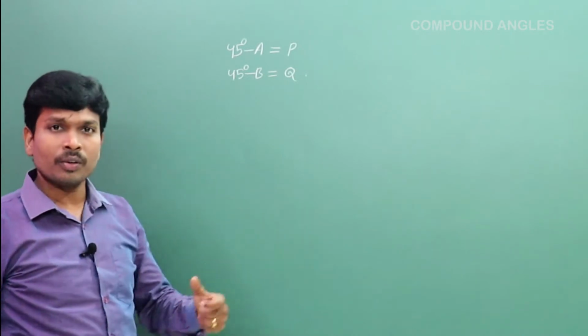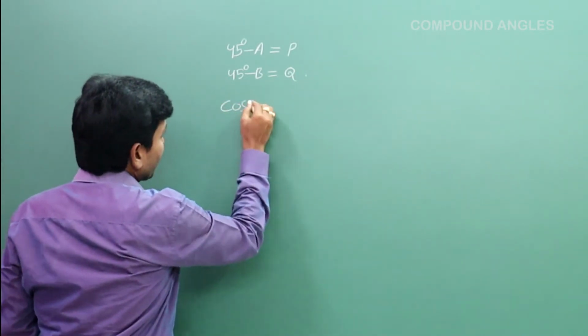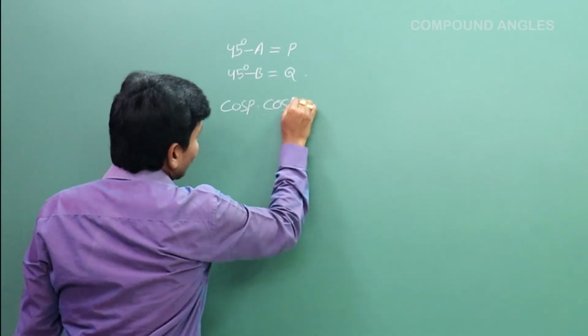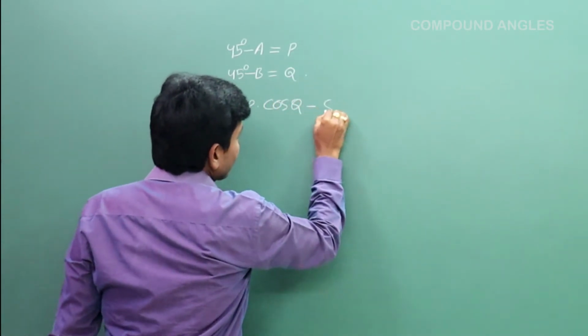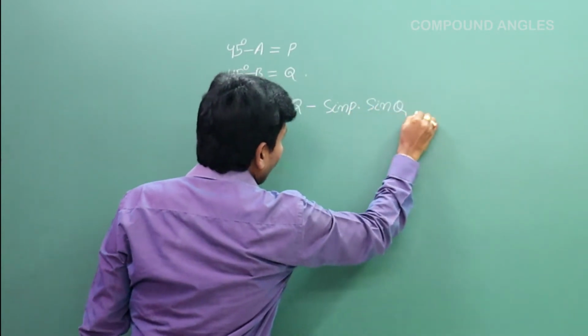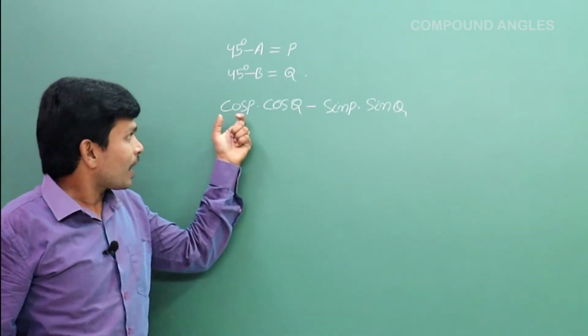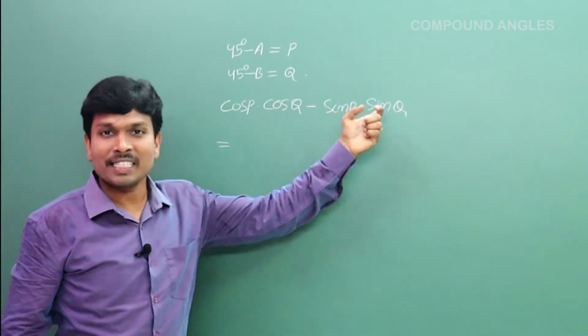So now you observe the same problem: cos P into cos Q minus sin P into sin Q. Now easily you can understand, it is the cos A cos B minus sin A sin B form.